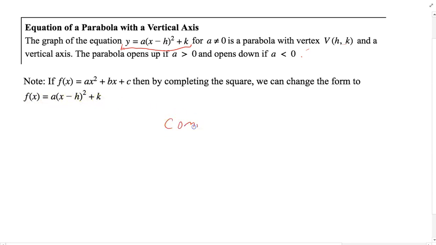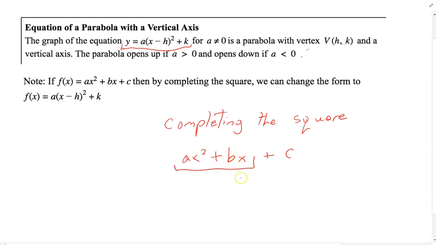Now, if we can remember completing the square, if we have something like ax² + bx + c, we complete the square for ax² + bx by adding (b/2)² and also subtracting (b/2)².